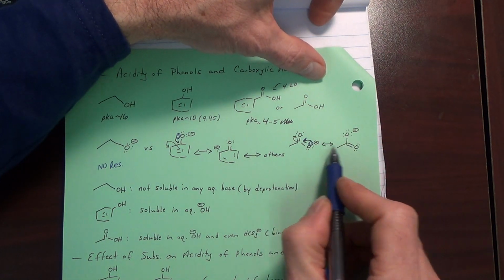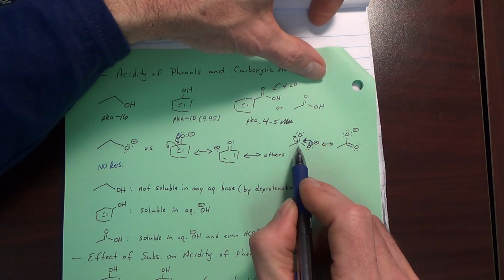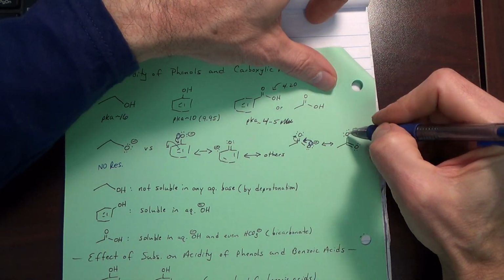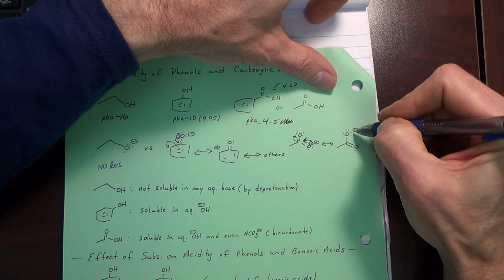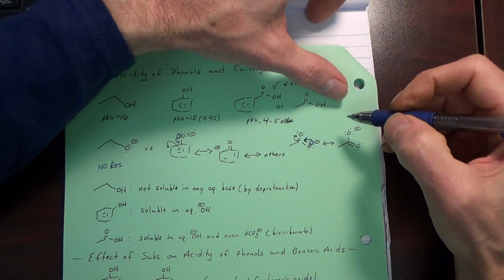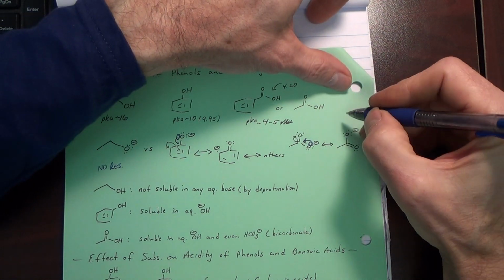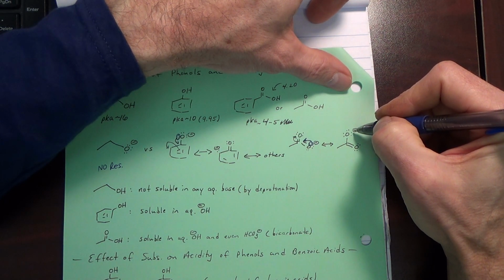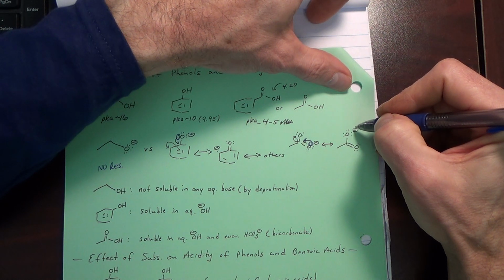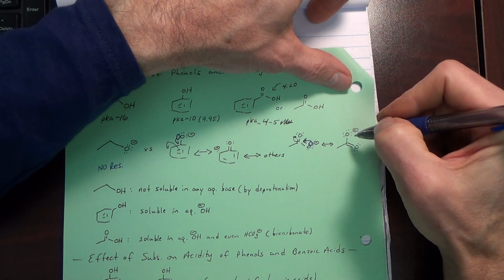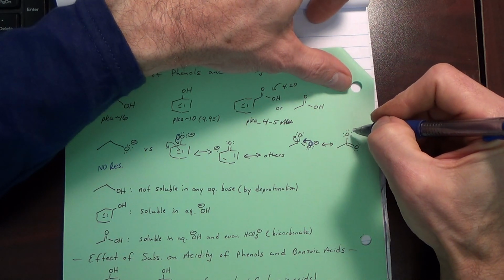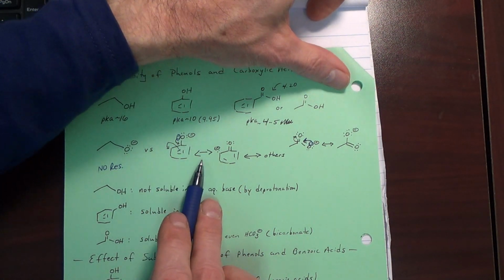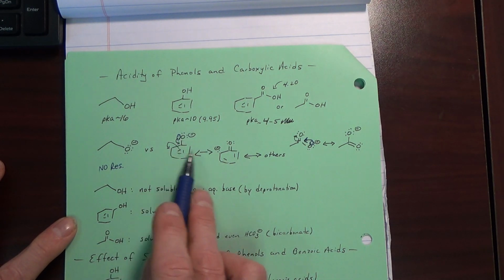And so while there's only two resonance structures that you can show here, importantly, the second resonance structure we drew here, we delocalized the charge onto another oxygen. And that is a much greater stabilizing effect than delocalizing the charge onto other carbons.